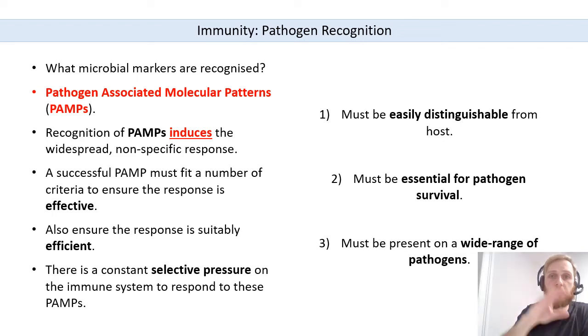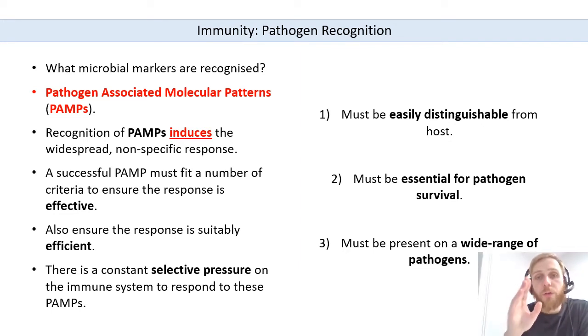So the way the system has evolved is it recognizes features that are present on a large number of microorganisms typically, because again, this innate immune response needs to recognize as many microorganisms as possible. And one way it can do that is it has evolved to recognize features that are present on many different microorganisms. So recognize common features on different microorganisms.